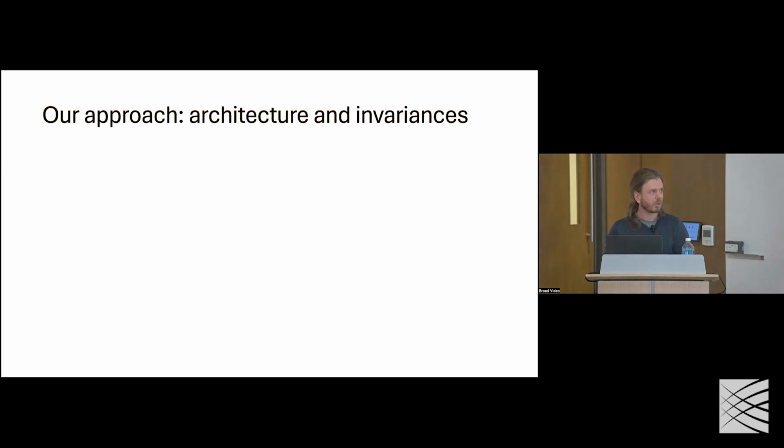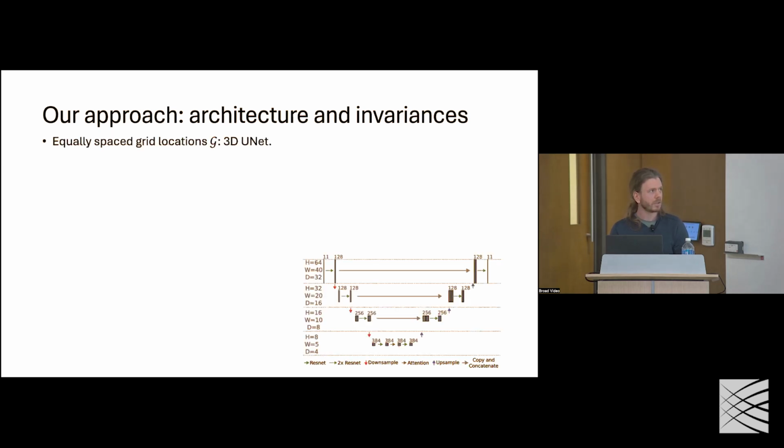Okay, so now we will go through the architecture and the invariances of our architecture. Since we have equally spaced grid locations G, we can use the three-dimensional adaptation of a U-Net. Just briefly describing what this does: we have multiple downscale and upscale layers for various resolution levels, and then, similar to skip connection layers, we concatenate the downscaled hidden representations to the upscaled hidden representations.